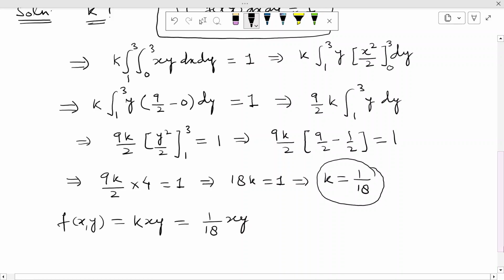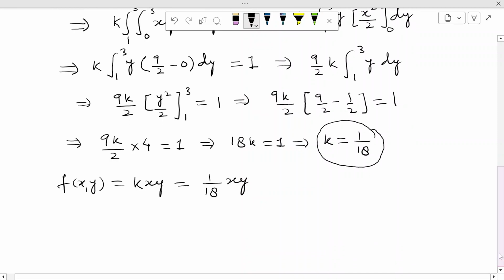Okay, so this is how we obtain the unknown involved in our joint PDF. Now next we have to find out the expectations of x, expectation of y, the joint expectation.